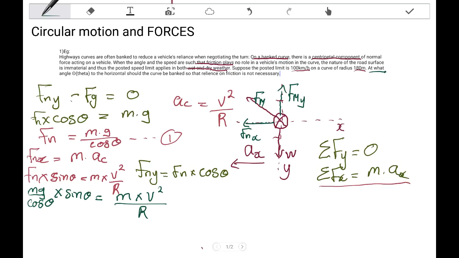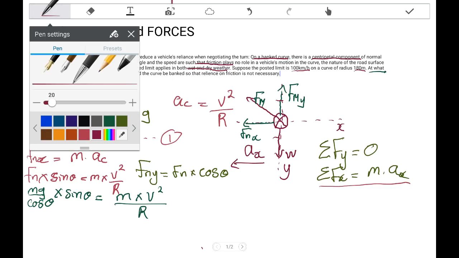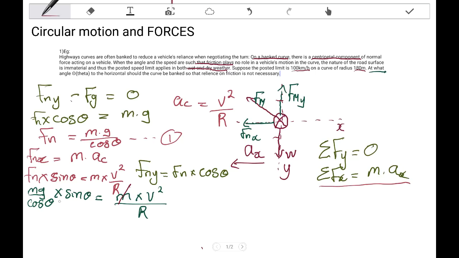What I see here is that the mass cancels out the mass. Then remember that sine theta divided by cos theta is equal to tan theta. Then I will have g times tan of theta is equal to v squared over r.